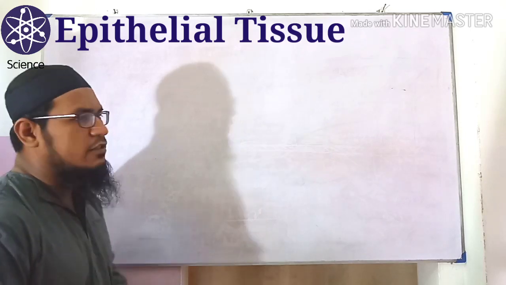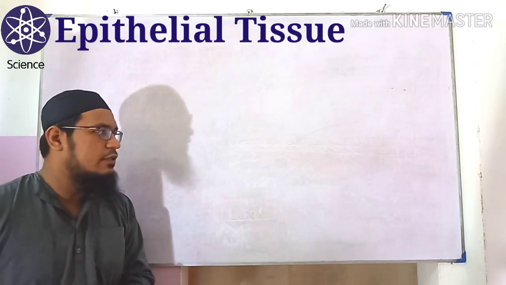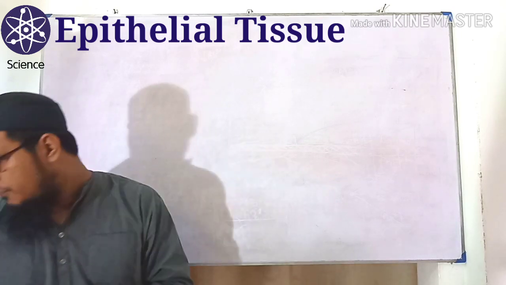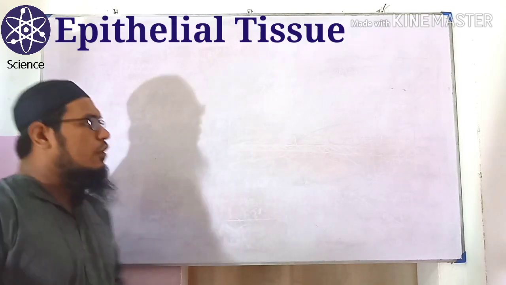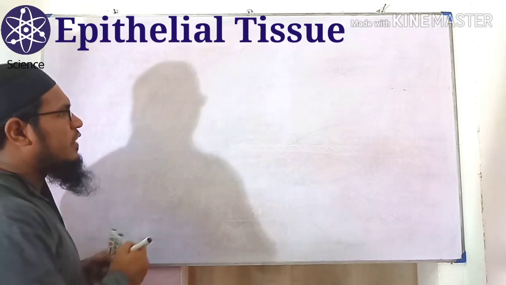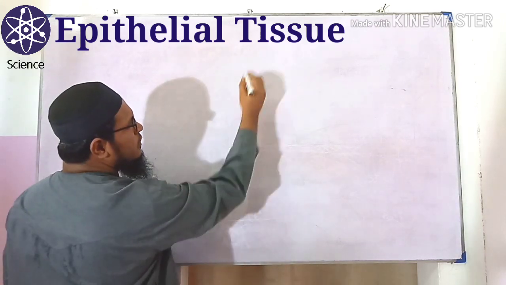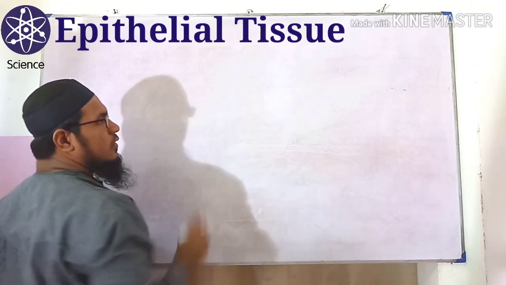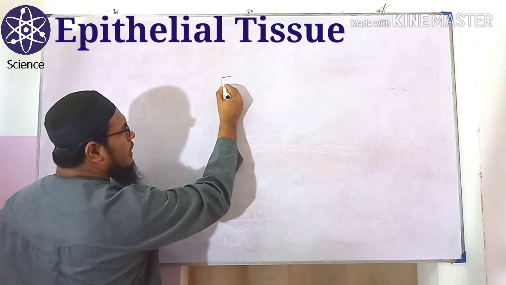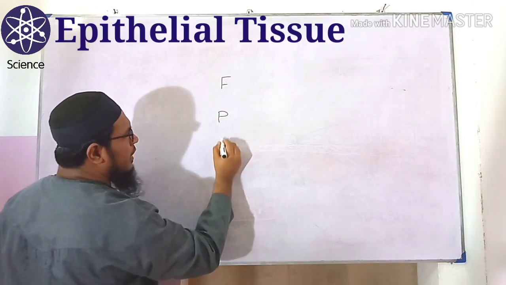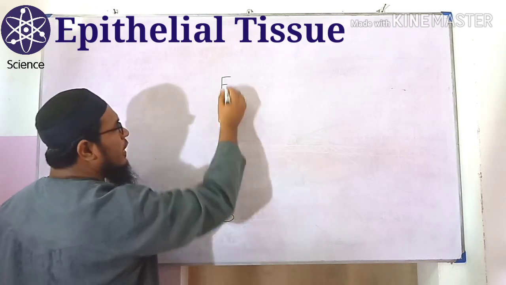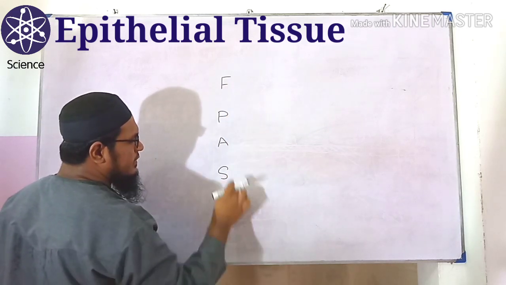So let's go to the functions of epithelial tissue. It is a very important one. There are 5 main functions of the epithelial tissue. To remember these 5 main functions, we have come up with a small short form. That is, remember FPASS.